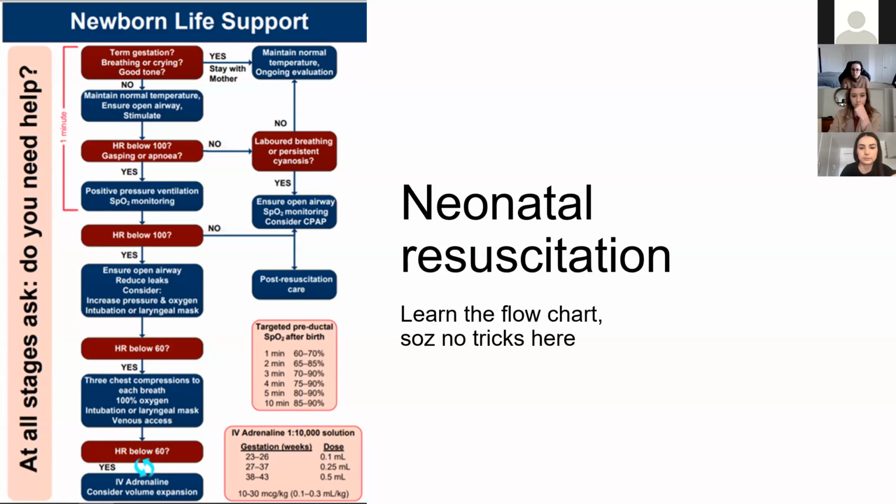They may have already been intubated, but generally it's just with the little positive pressure ventilation mask that they're wearing. And if they are persistently below 100, then that's when we can consider giving things like adrenaline. But again, that happens very, very rarely. So that's pretty much the big main steps to remember.